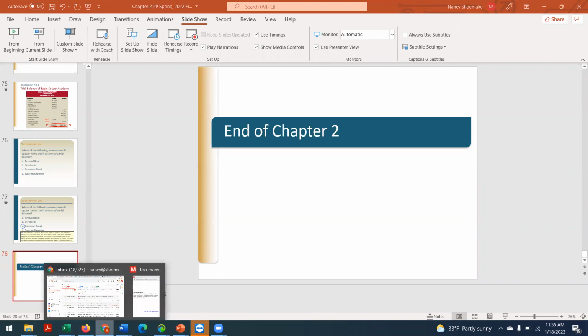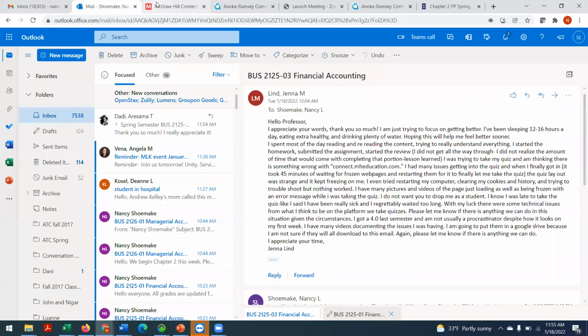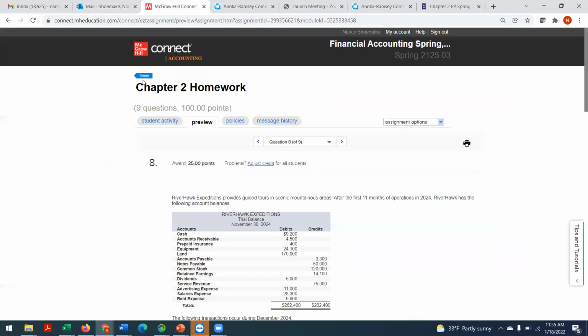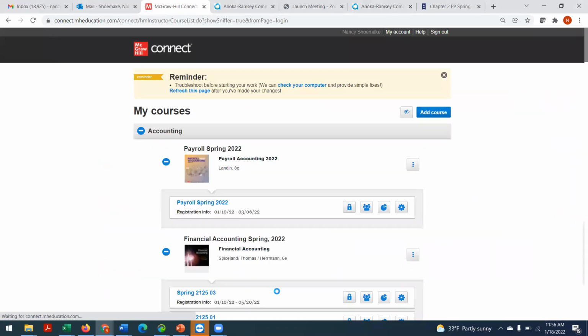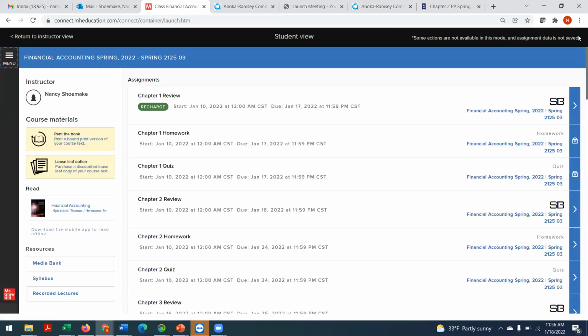So let's look at some homework here. Let's look at this first. I'm going to set it up as a student view so we can work on them together.